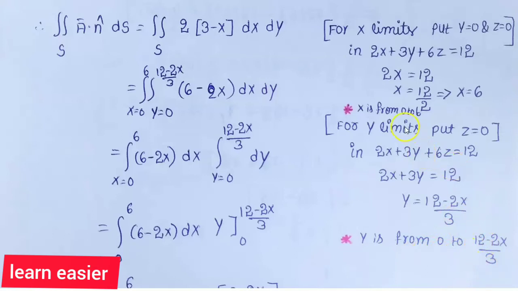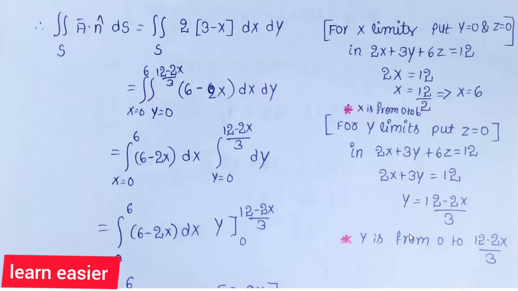As we have already discussed in the last video, x is the independent limit and the y limits are dependent limits. Why do we have to take dependent limits? Because this is the surface of a plane. If you take y also as an independent limit, then it will be a rectangle, which cannot be the surface of the plane.